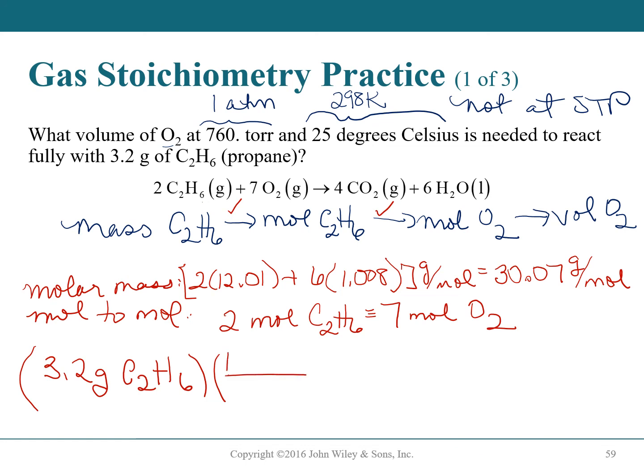So 1 mole of ethane divided by the 30.07 grams.